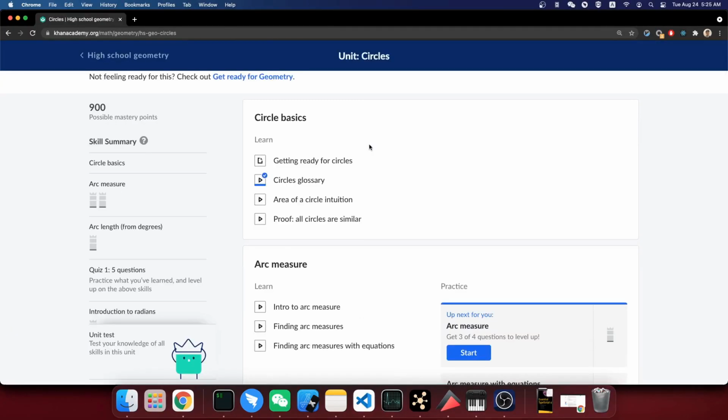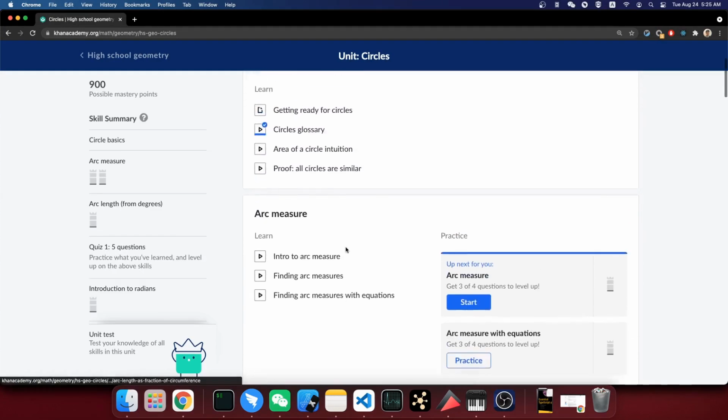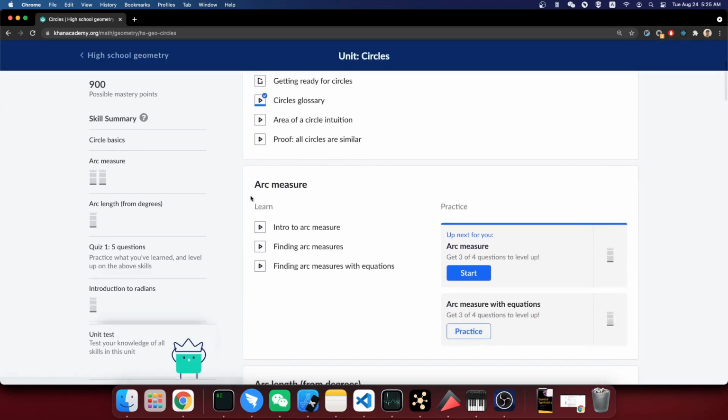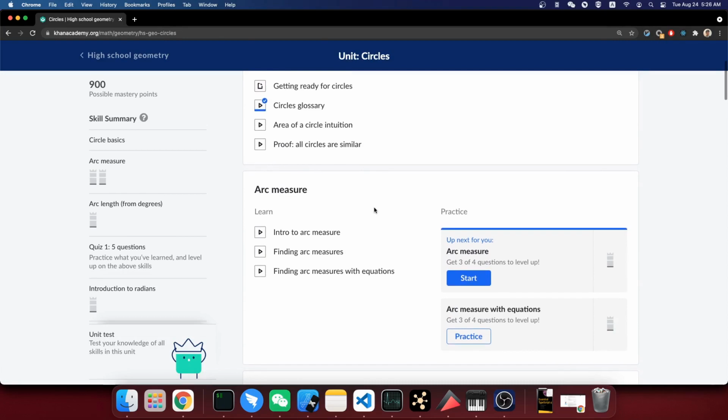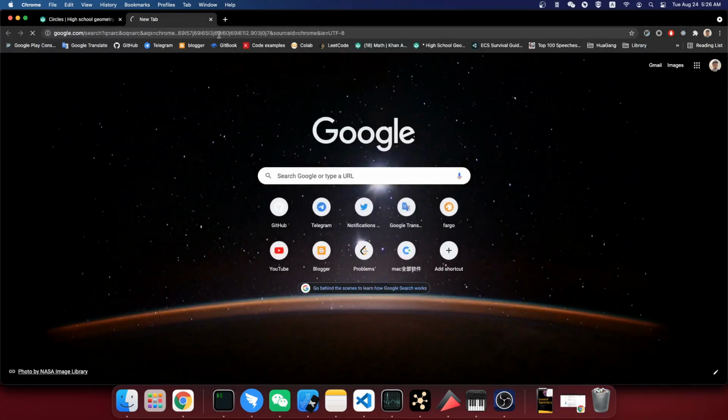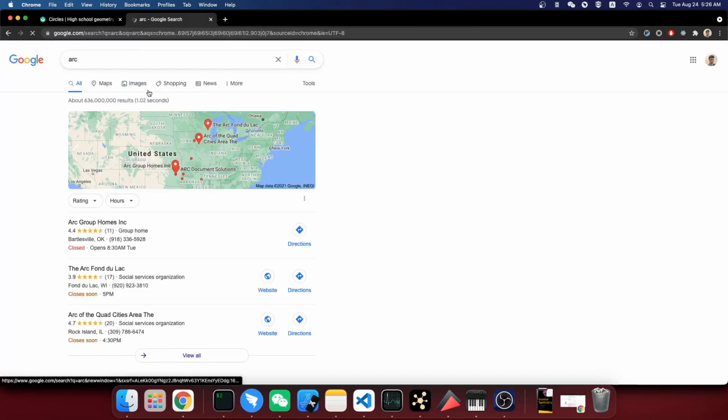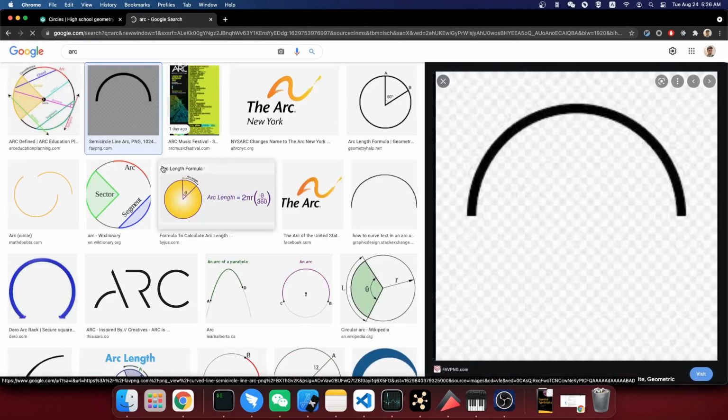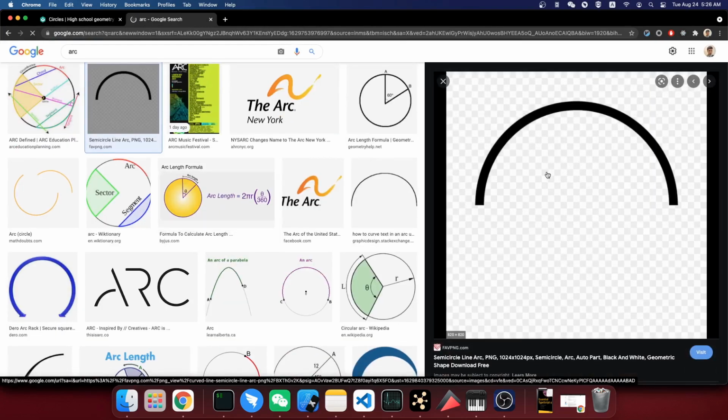I guess that in that video, what he just did is tell you some terminologies related to circles. We get some concepts, for example, the arc, which is just a part of a circle. For example, if we go to Google and do a search about that word, what can we get? Well, for example, this image is an arc.